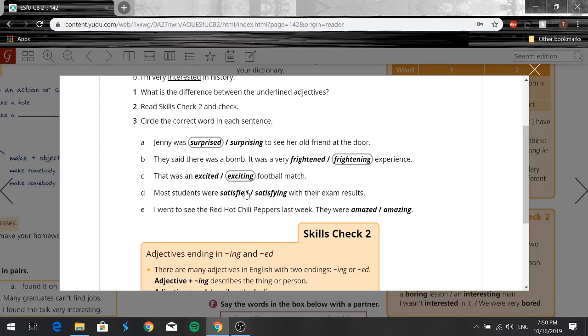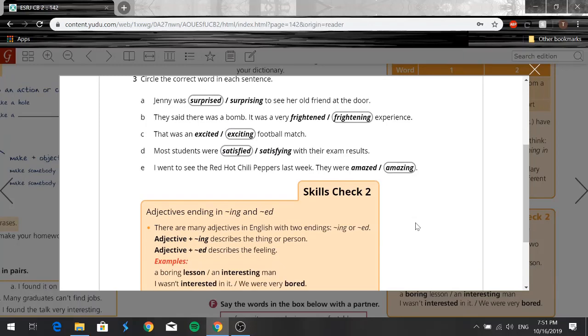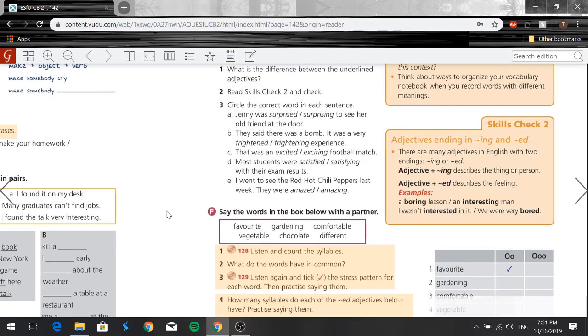We'll say exciting. Most students were satisfied or satisfying with their exam results. Were satisfied. I went to see the Red Hot Chili Peppers last week. They were amazed or amazing. We'll say amazing. Okay, so one more time. Surprised, frightening, exciting, satisfied, and amazing. Okay? Now let's move on.